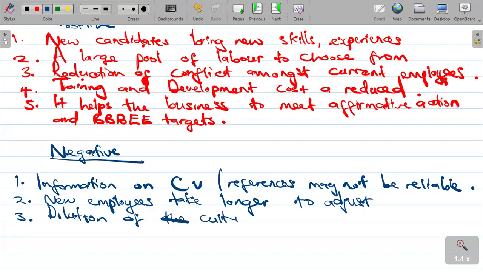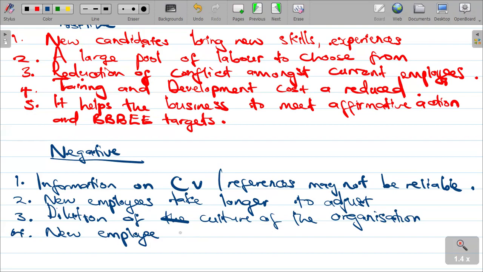The culture of the organization will be diluted. And also the new candidate might fail to fit in the culture of the organization.